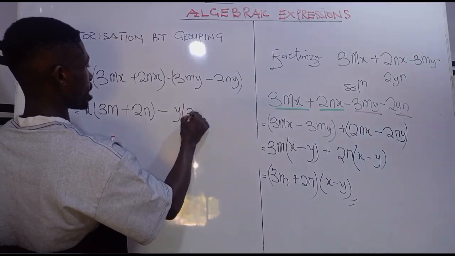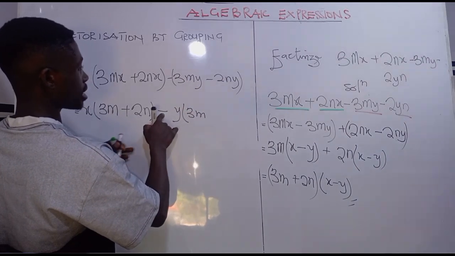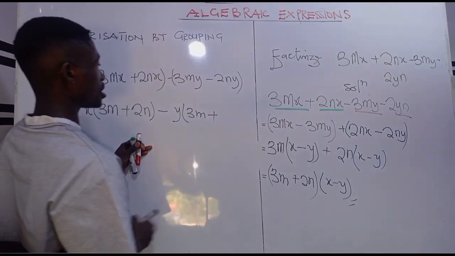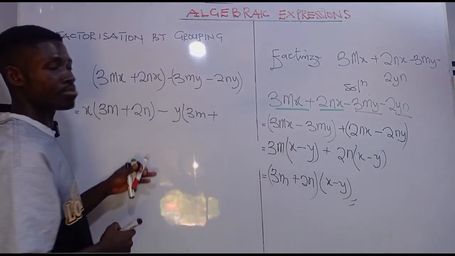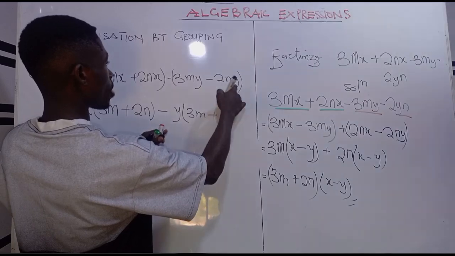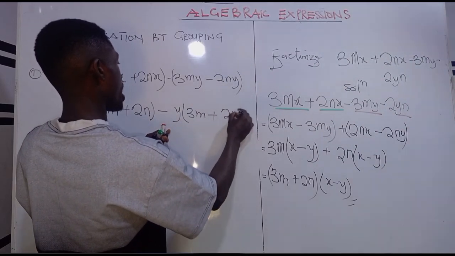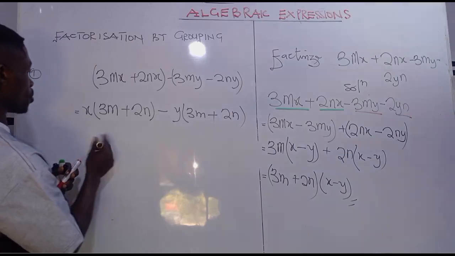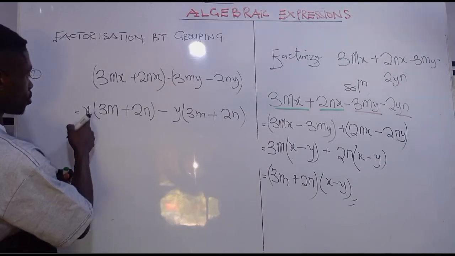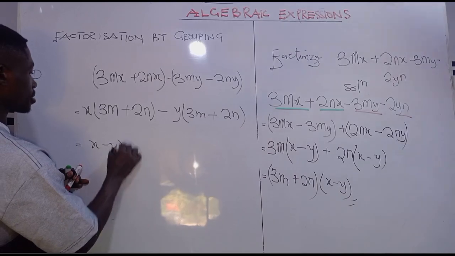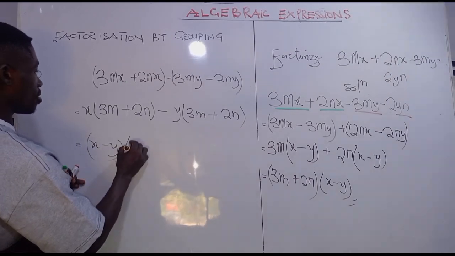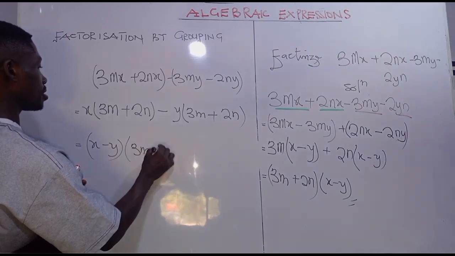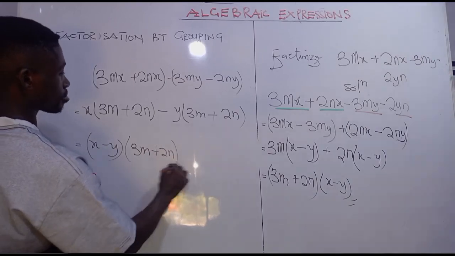We are left with what? 3m. Now this minus is out, so we can write it to be positive so that when we expand, we get the negative back. This y is out, we are left with what? 2n. So those within the brackets are the same, so we can move on. We pick x minus y, and then we pick any of the brackets, 3m plus 2n.